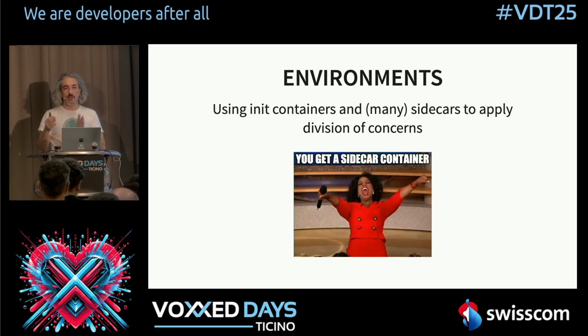You don't need to keep adding things to your application. You can use init containers and sidecar containers that run either before your application or at the same time as your application, and you have different services, without being separate services talking over the network, but living together in the pod concept of Kubernetes.